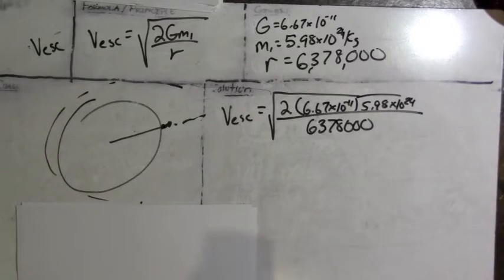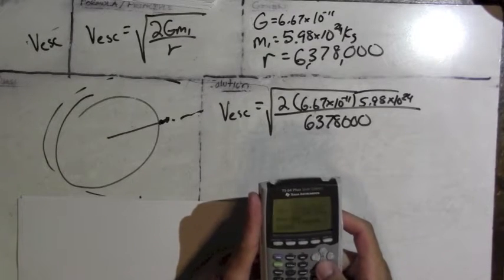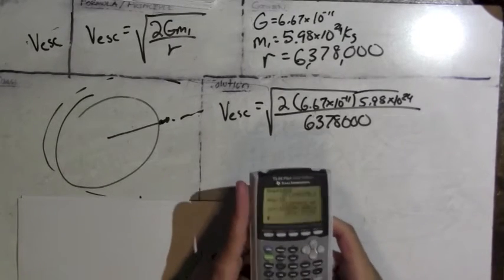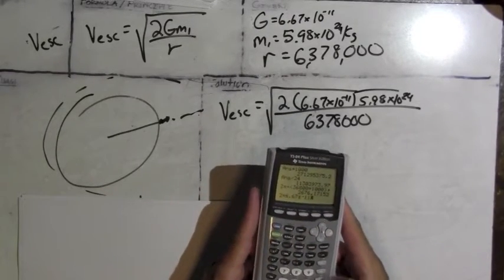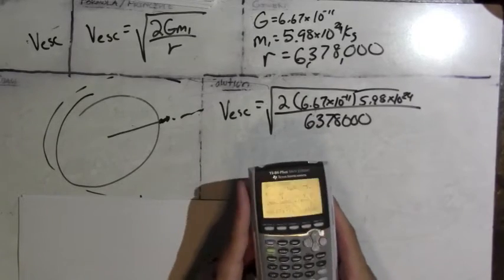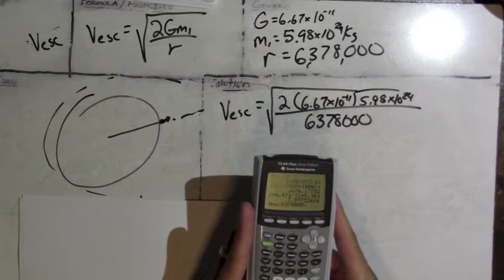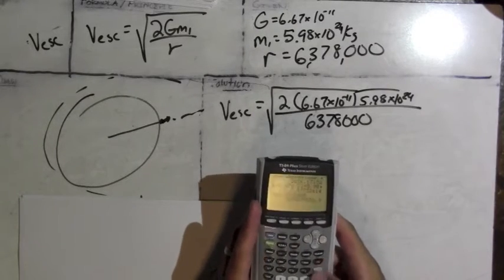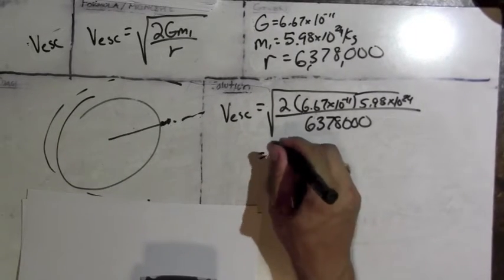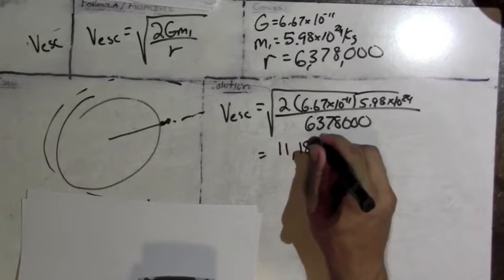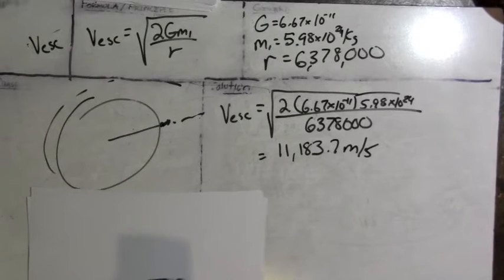So when you plug this in, you get 2 times 6.67 e minus 11 times 5.98 e 24 divided by 6,378,000. And we want to take the square root of that value. And when we do that, we get a very large value, something like 11183.7 meters per second, which is very, very fast.